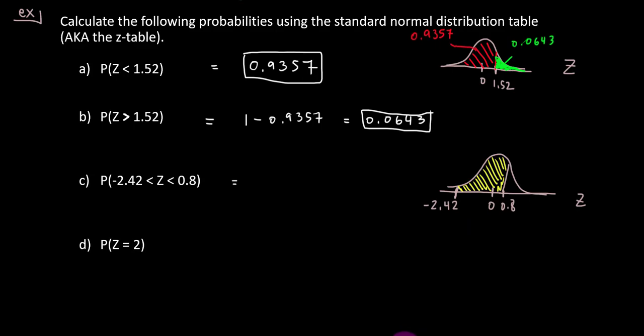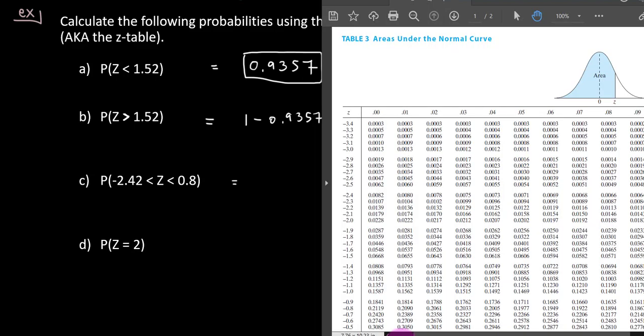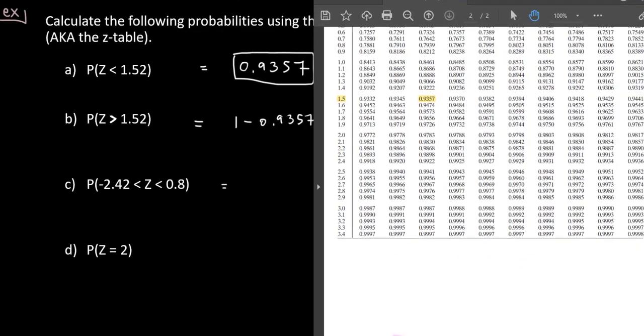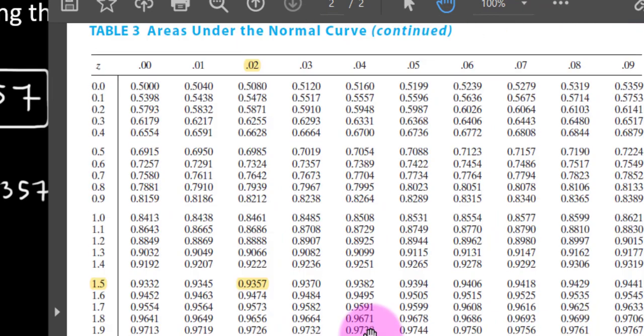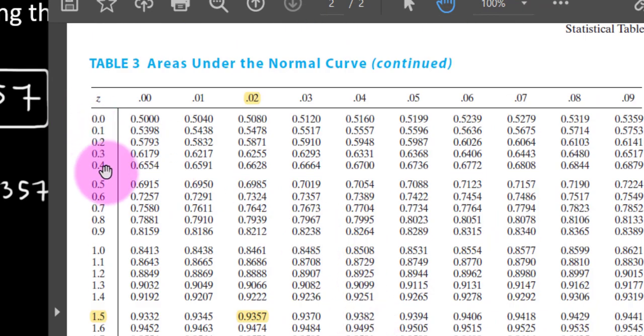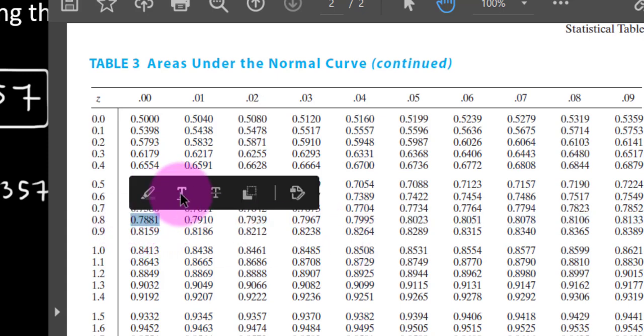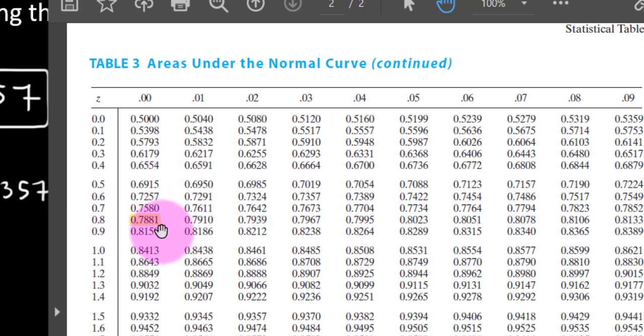Let's go to our table. I'm going to go to positive 0.8. Now, there is the second decimal place. It's 0.80. So I just need to utilize this probability, 0.7881.